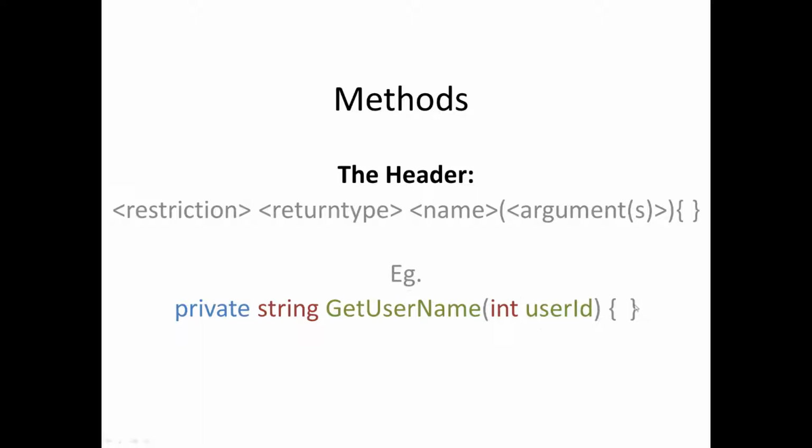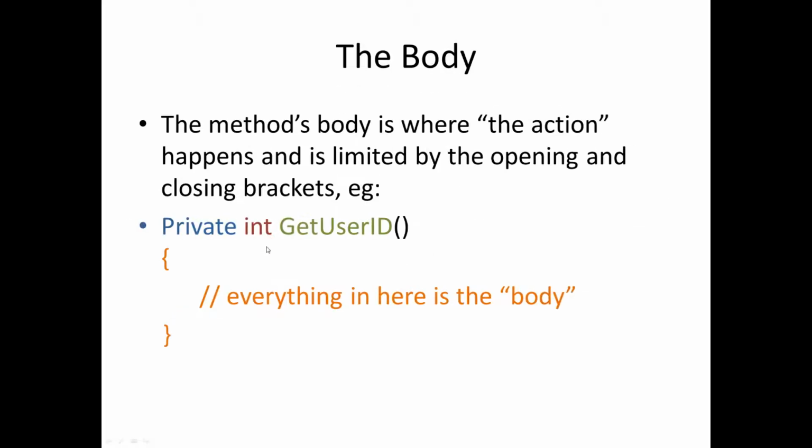So then in the body, in here between the brackets, we can make some code that looks up this user ID and links it to the username. Let's see how the body looks. Well, the method's body is where the action happens, so where you perform your coding, and it's all written down between those brackets here. So that's how we define a method.